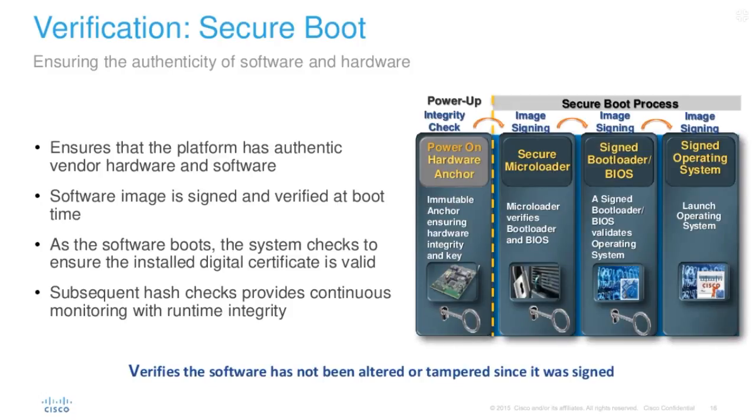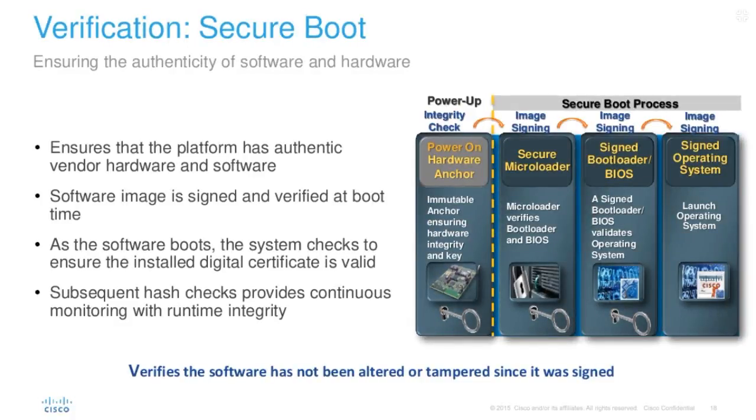And then that's used to guarantee that every piece of code that's going to boot up on this box is going to be verified. As the box boots, it will grab this information from the chip, and that begins the identity chain. That will be used then to look at what's next in that boot chain, which would be the secure micro loader.